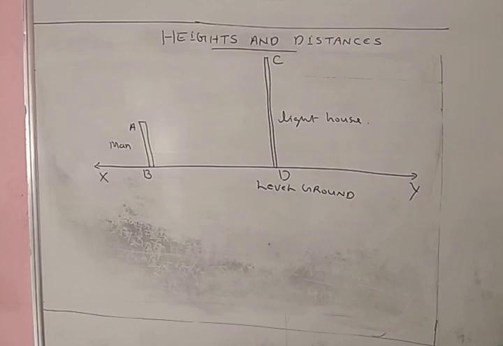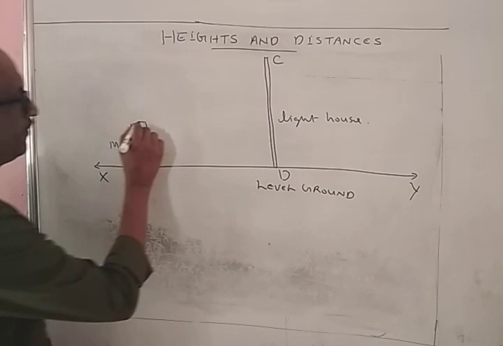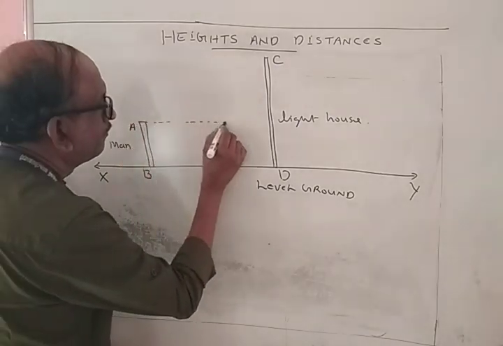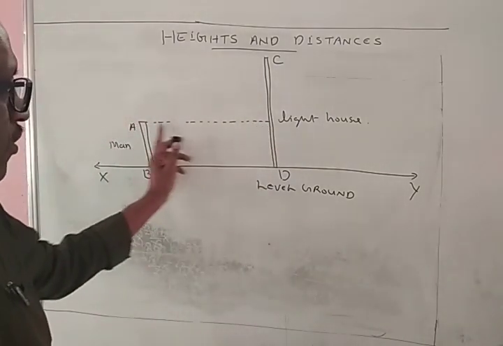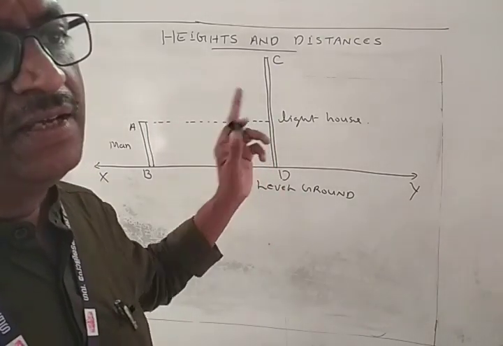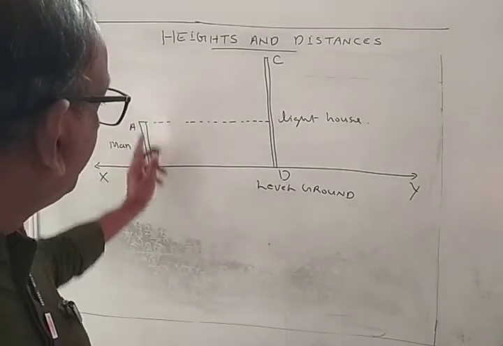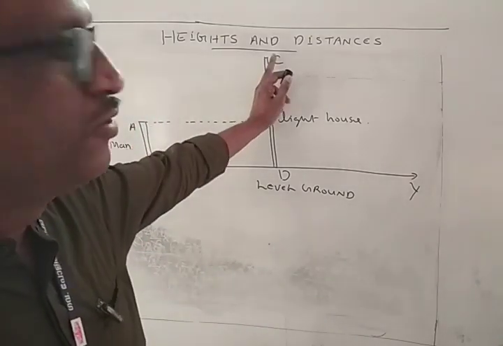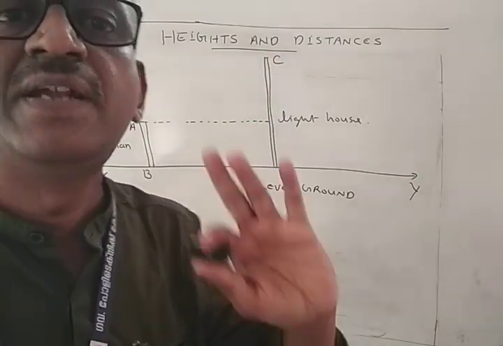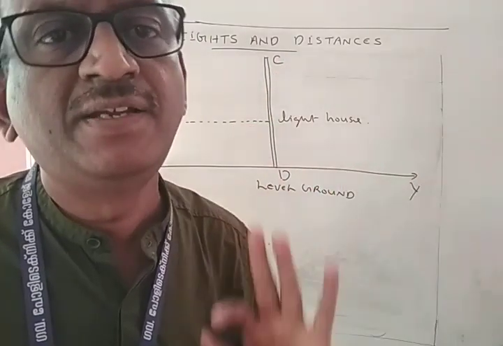In this figure, XY represents a level ground, AB represents a man and CD represents a lighthouse. This dotted line represents the normal line of sight of this man. If this man wants to see the top of the lighthouse, he must raise his head and watch that lighthouse.